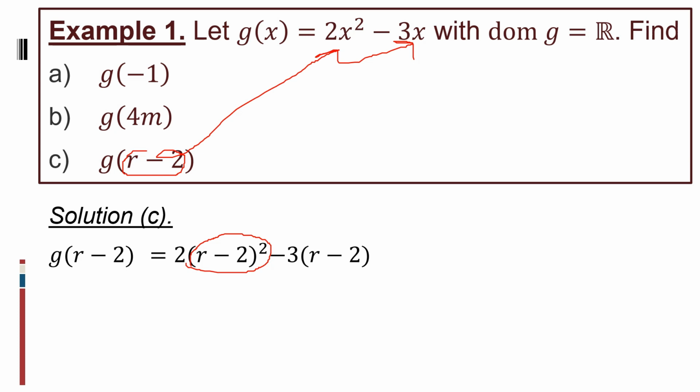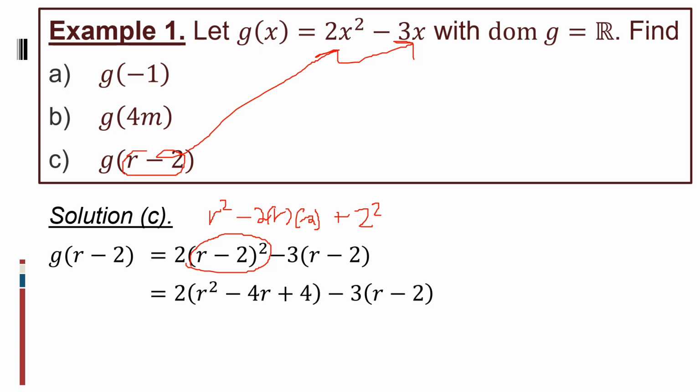By binomial expansion, that is square the first, so r squared, minus 2 times yung dalawang terms. We have r and 2. Then plus, we square the last term, which is 2 squared. Or that is now r squared minus 4r plus 4.